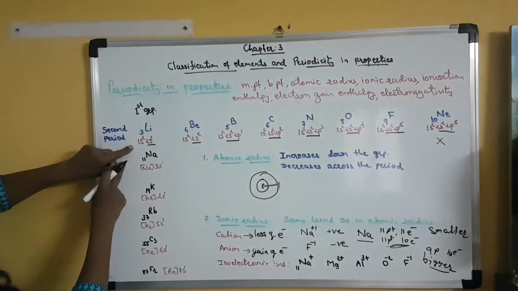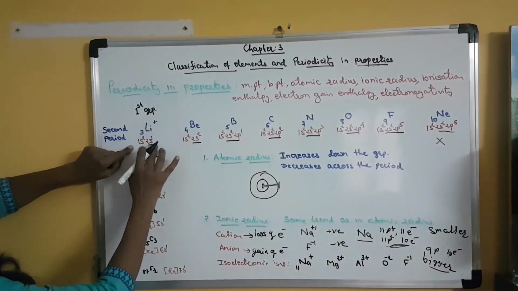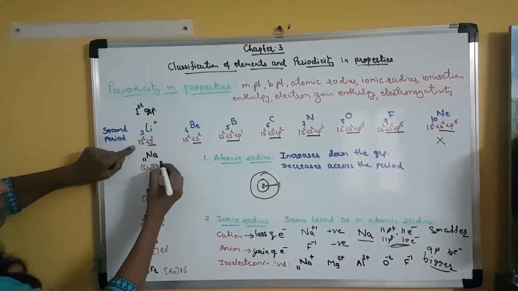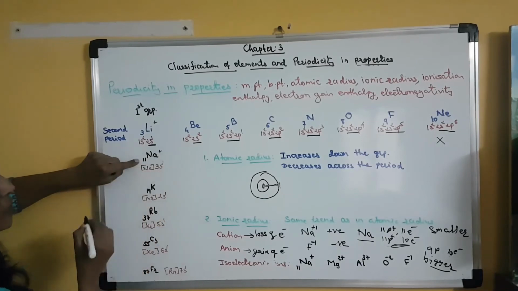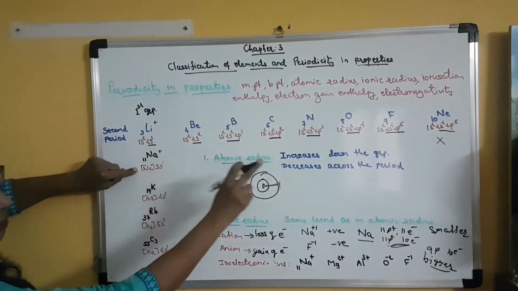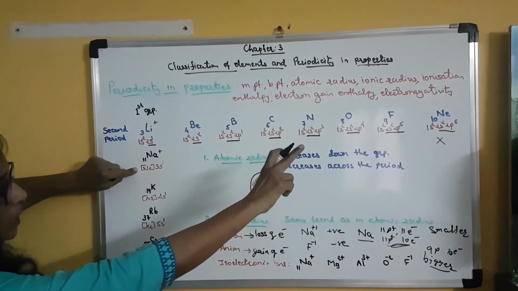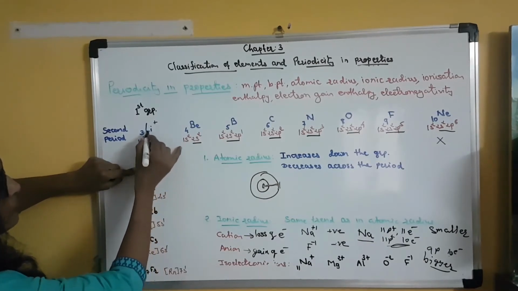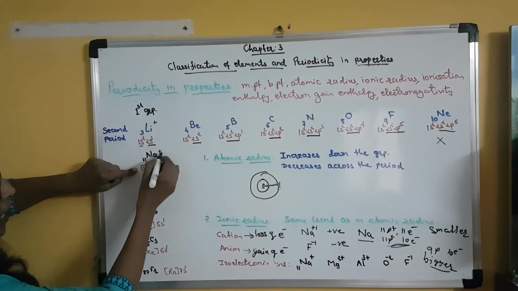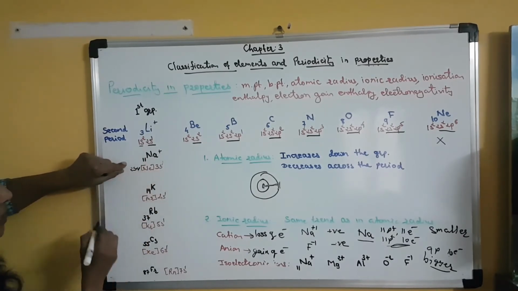For example, when lithium ion is formed, 1 electron is lost, and it has 1s2 configuration. When sodium ion is formed, this electron is lost, but it has neon like configuration, which means 1s2, 2s2, 2p6. So for Li plus ion the outermost orbit is 1s. For Na plus ion the outermost orbit is 2s and 2p, which means the second orbit.